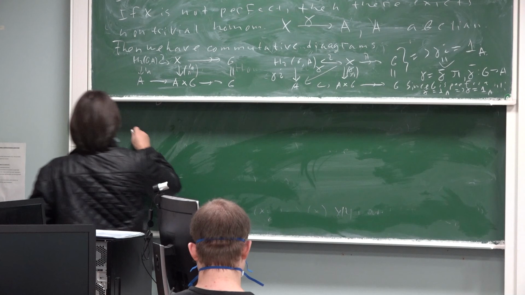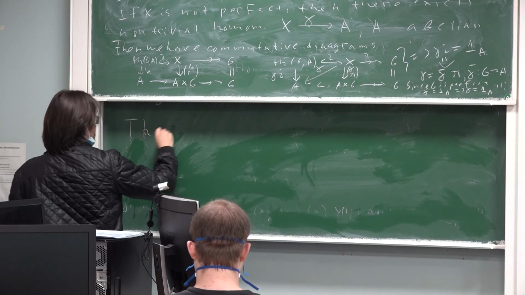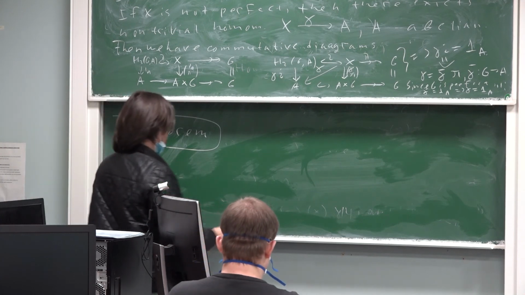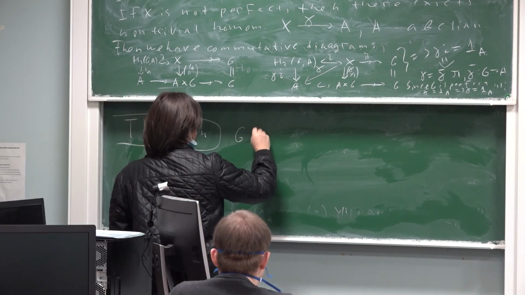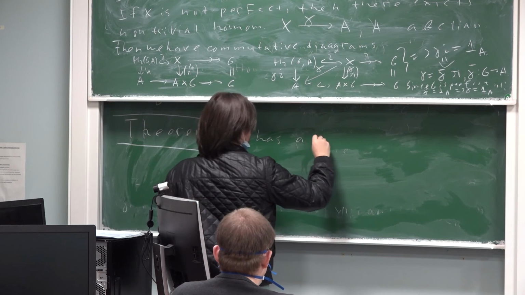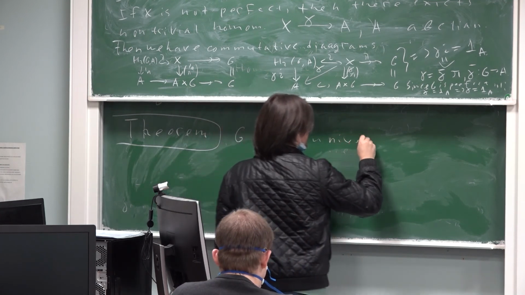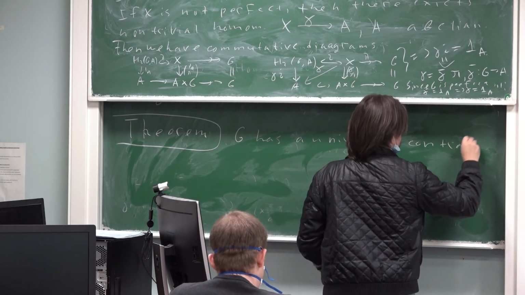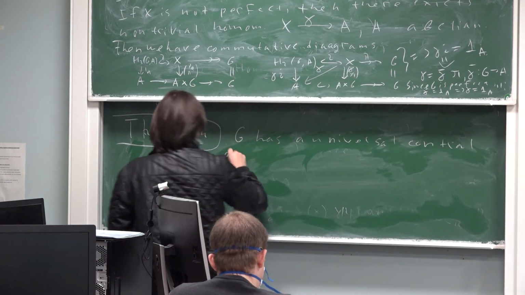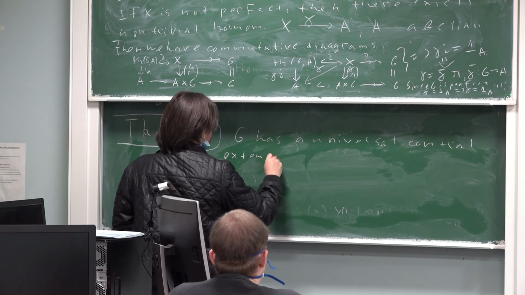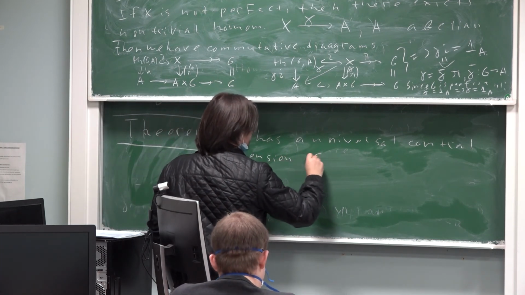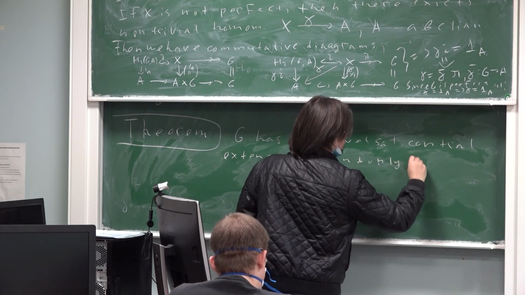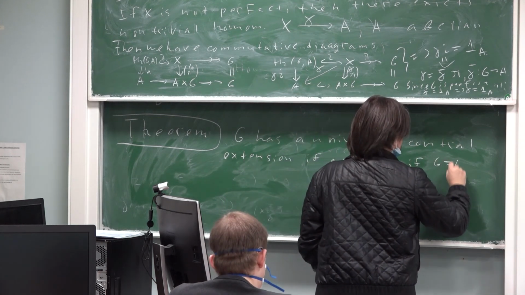And so our last theorem that we have already proved in this section is that G has a universal central extension if and only if G is perfect.